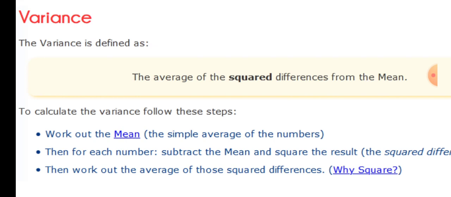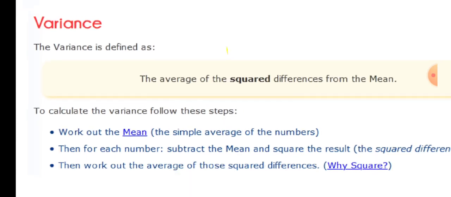So how can we calculate variance? First of all, work out the mean, the simple average of the numbers. Then for each number, subtract the mean and square the result. Then work out the average of those squared differences. That is called the variance.